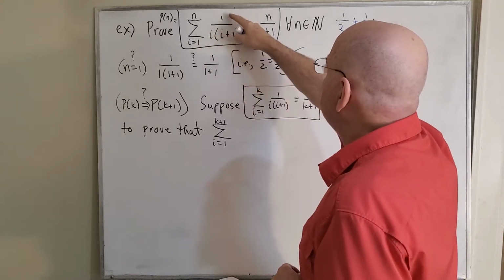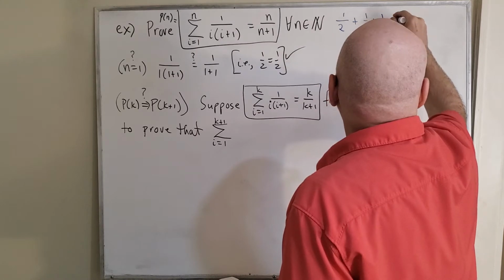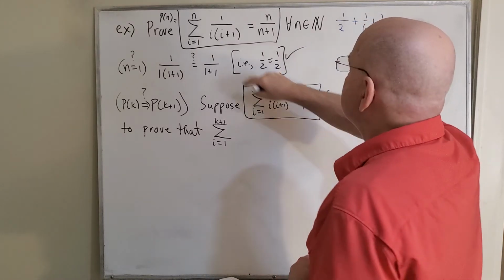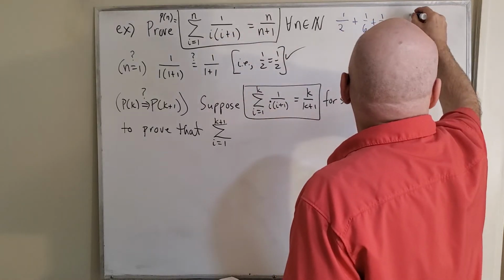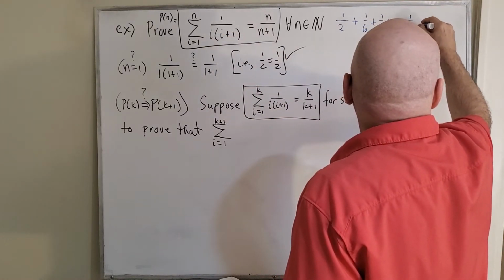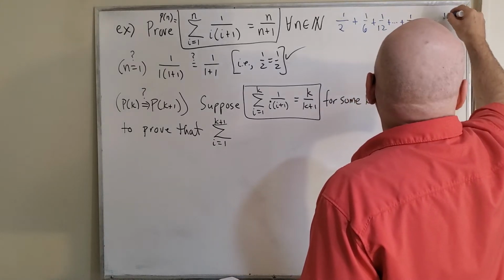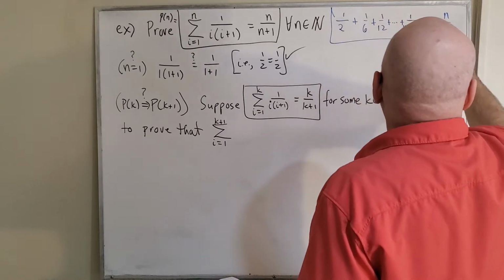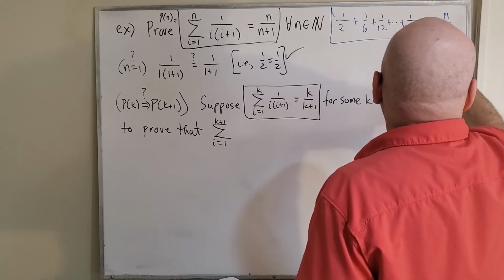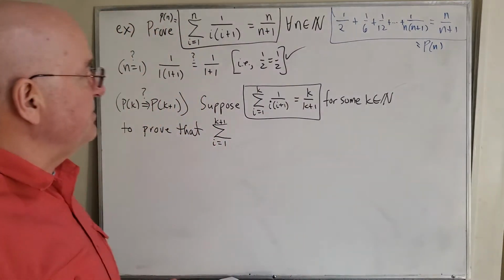When i is 3, you get 1 over 3 times 4, which is 1 over 12. And the last term would be when i is n, you get 1 over n times n plus 1. And that's equal to n over n plus 1. This is another way of writing proposition n, just without summations. And it's good practice to do that once in a while.